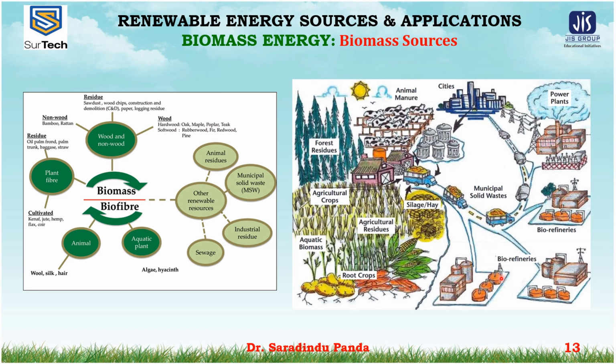Then it will go to the biorefineries making some energy, and it will at last be stored in the power plant and the grid, and the energy will be supplied to the modern cities. So this is the actual biomass cycle or the biomass sources.